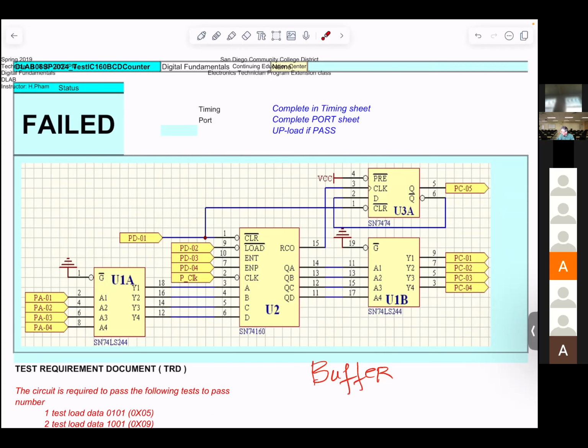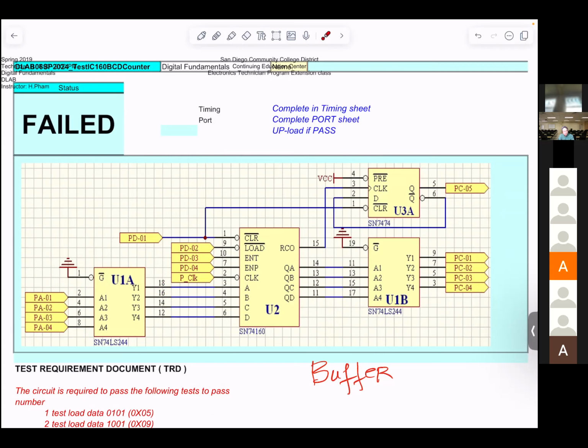Okay? In and out the same. If you get the input logic 0, output will be 0. Input logic 1, output logic 1, nothing else.